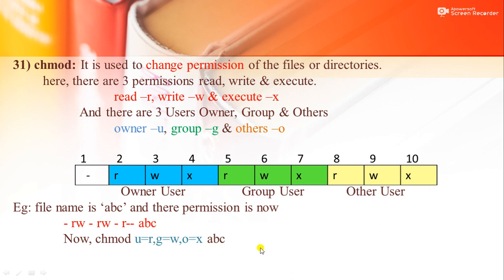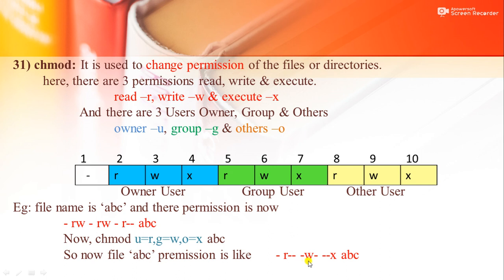So now by changing these permissions of file ABC, the permissions of file ABC will be like this. First is the minus sign, and for the owner the read permission is there, not write and execute.